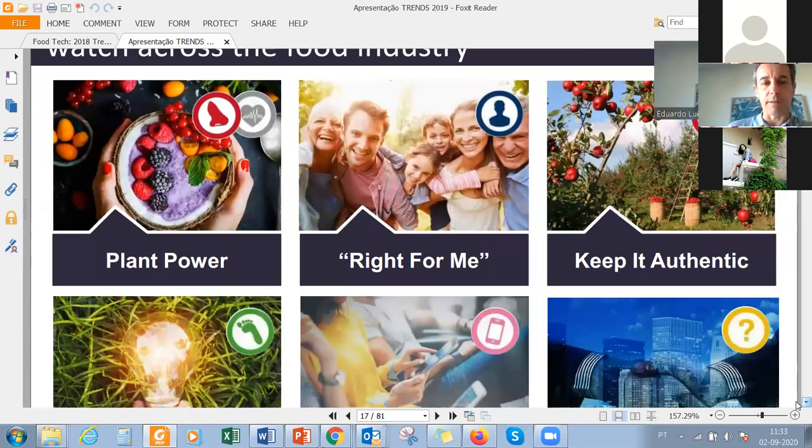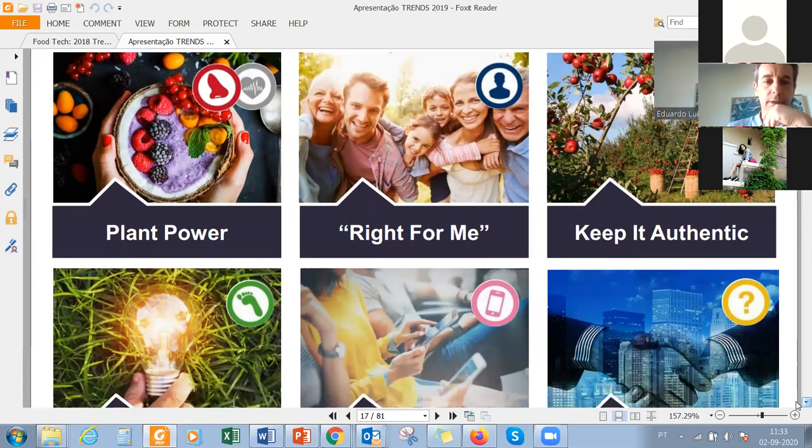The plant-based proteins and the plant-based food, what they call plant power. So the relevance of plants in nutrition, in the food on the consumer side. So more space for plant-based products.